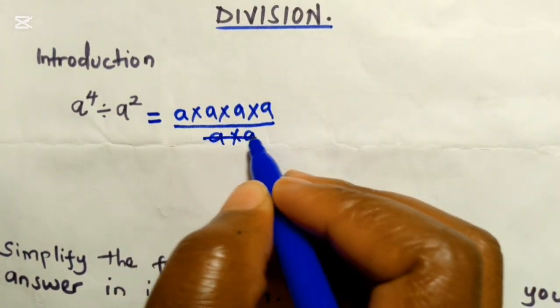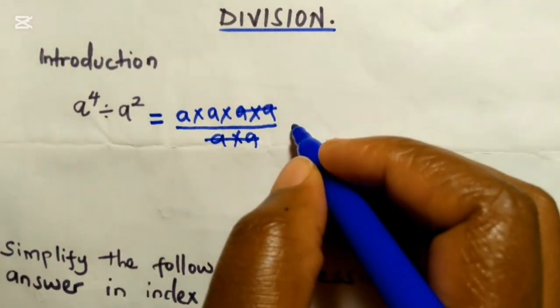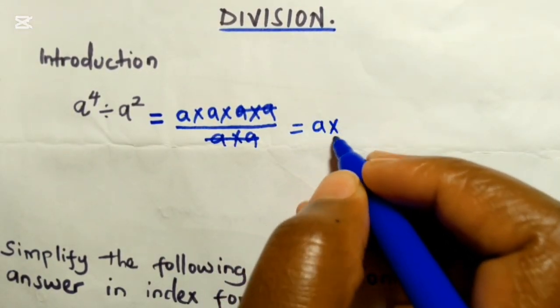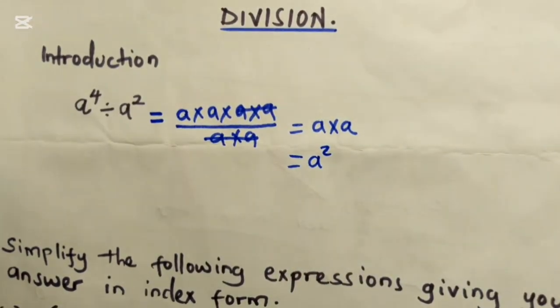You can see these are two a's, they cancel, and you remain with a times a, which is the same as a squared.